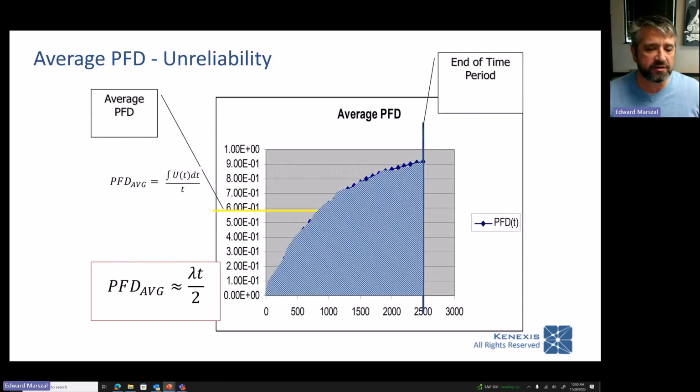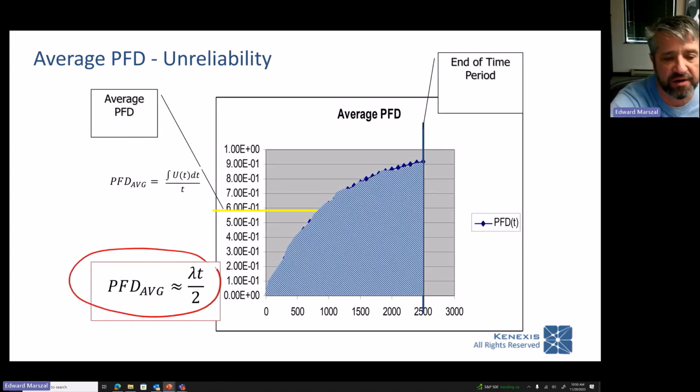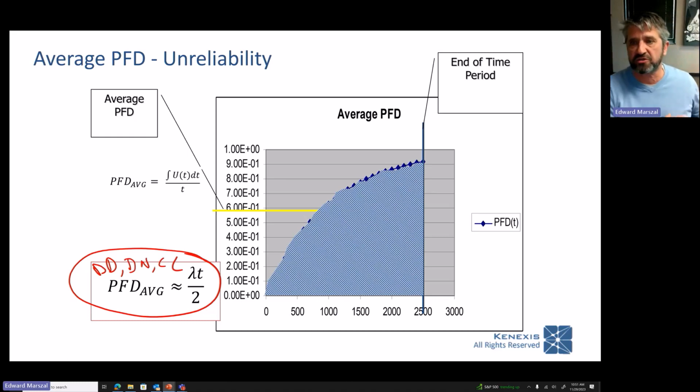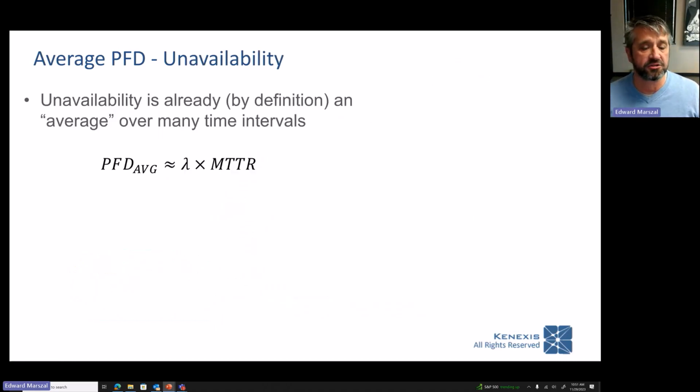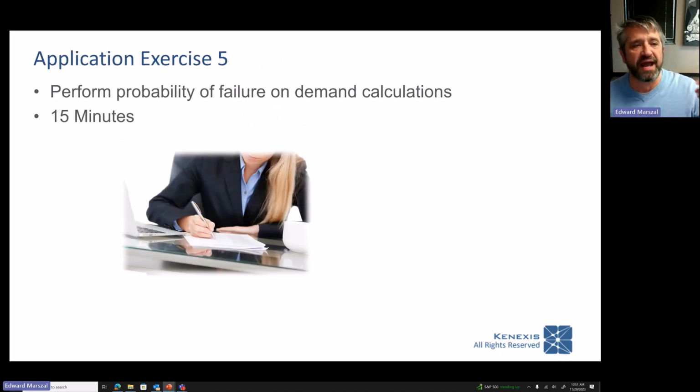You could go into a lot more detail, and so there's our PFD average term, and this is going to be used again for DD, DN, and common cause failures because those are the ones we can't detect and repair mid-mission. And I'm not going to show you all the calculus behind how you needed to calculate that. But again, in the video where I derive it, I actually do the calculus to show you that it's real. Unavailability is already an average.